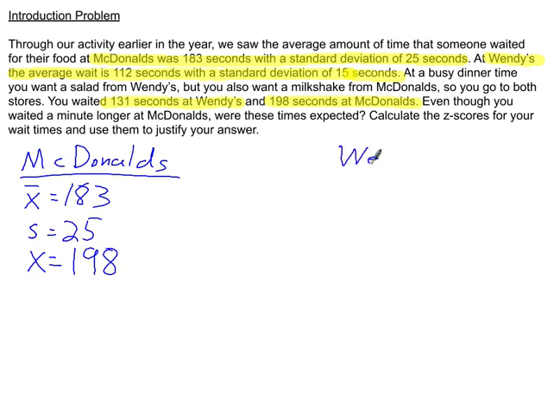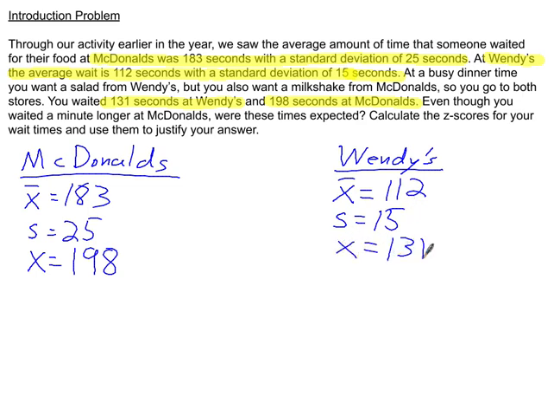Then at Wendy's, we had a mean of 112 seconds, a standard deviation of 15 seconds, and our wait was 131 seconds. So we want to find the z-score of each of these.